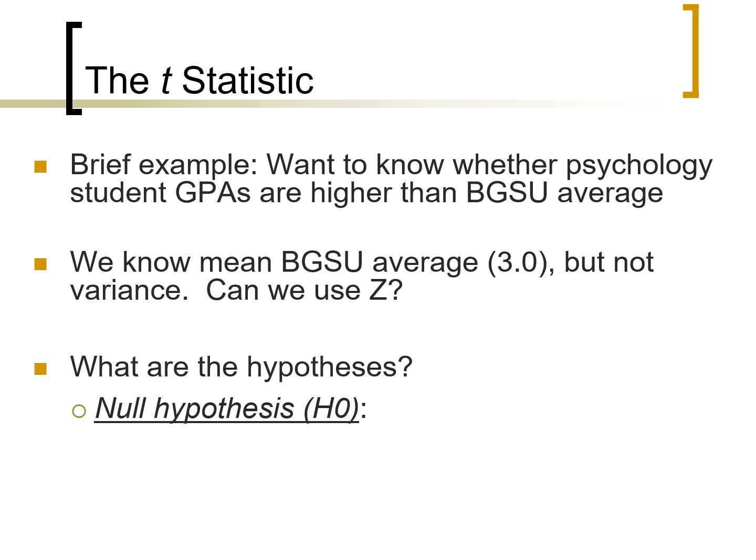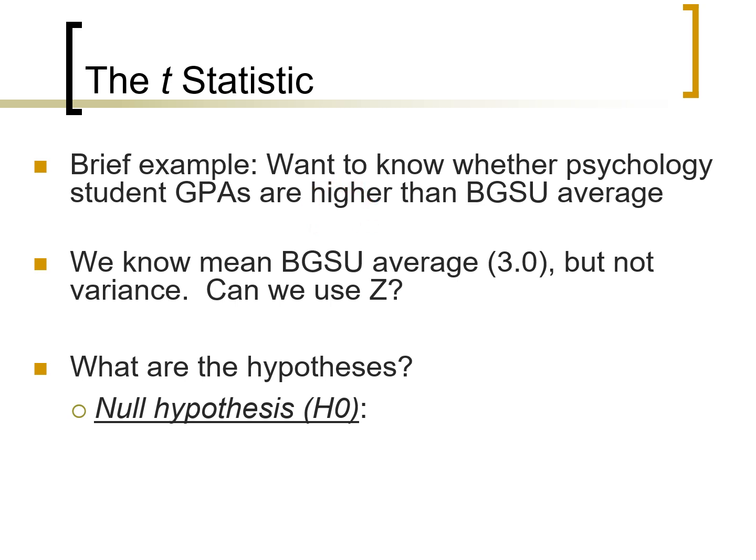What are our hypotheses in this case? Notice we are saying student GPAs are higher than, so we're looking at a one-tailed hypothesis. We're not saying different from, we're saying higher than.